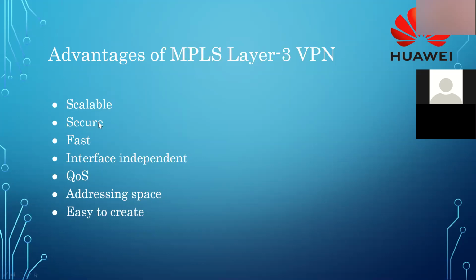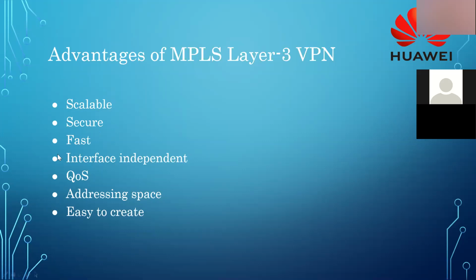And the third advantage of MPLS Layer 3 VPN is that it's fast, because the provider only checks the label, as I told you earlier, in the outside layer of the packet, which means no need for decapsulation of the customer information. It just passes the packet through the provider network.